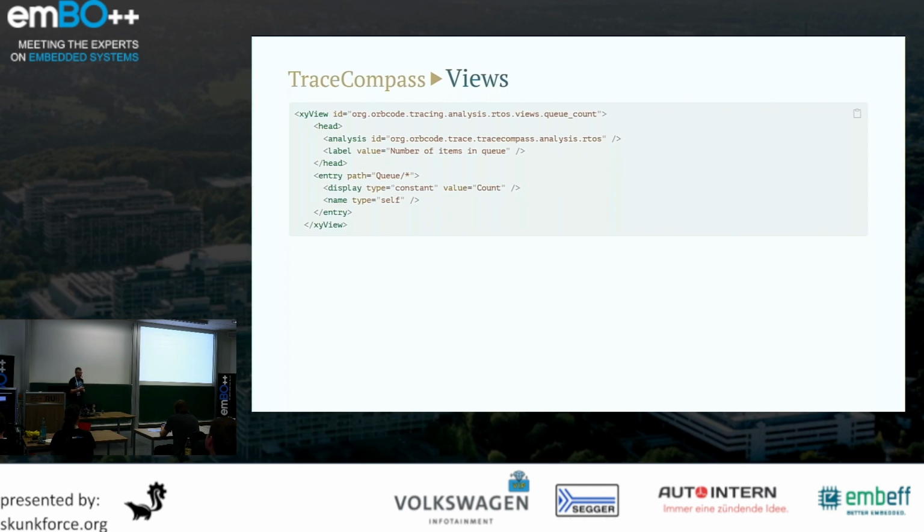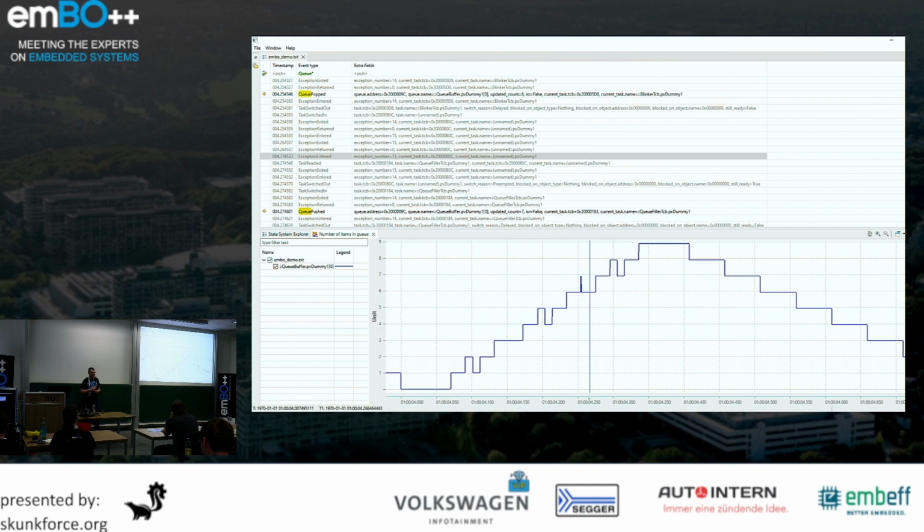Viewing the state system like the tree views is not the only option. You can also define charts. So we can plot the number of items in each queue in very similar syntax. So a node for everything under queue. It will display the count as the value of the series and use the name of the node for the series itself. And we got a nice chart showing how the queue is filling up.